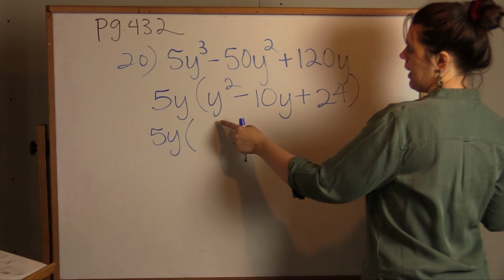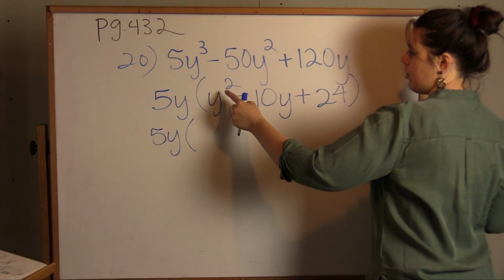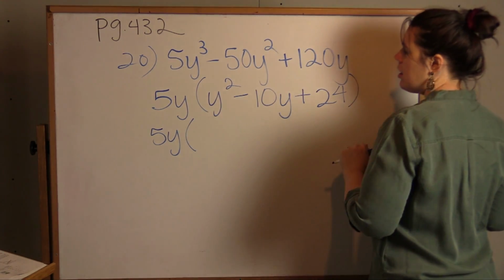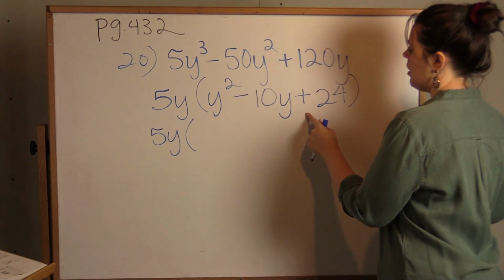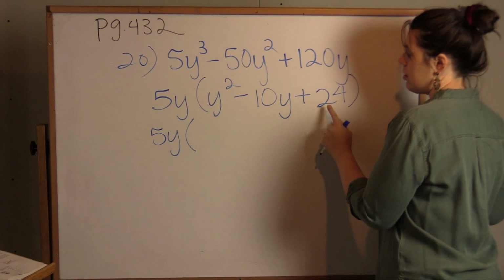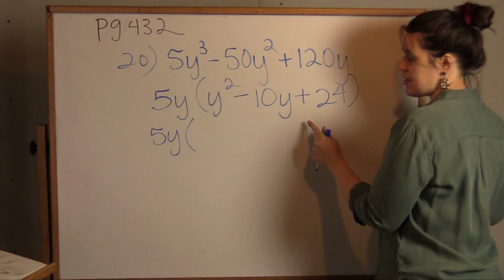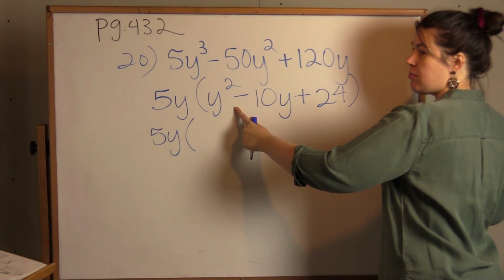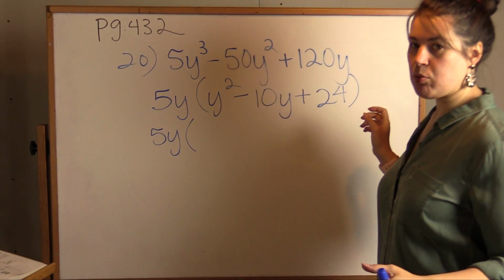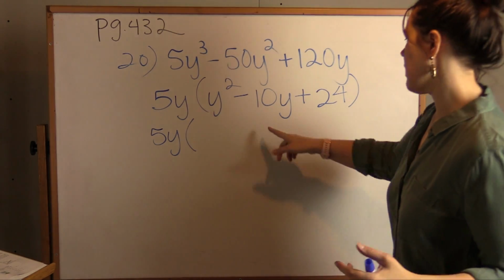Because notice we do have a trinomial in the form of squared, y, number. So what I need to do next is look at my signs. Positive 24 means that I have the same signs. What kind of signs? Negative. So I need to go through the factors of 24 that are going to add to be negative 10.